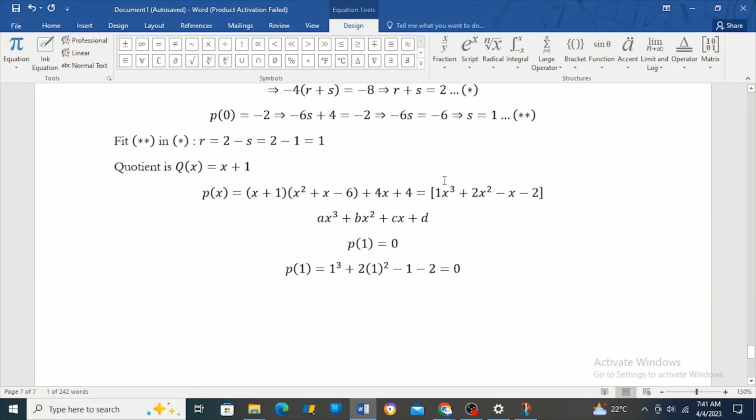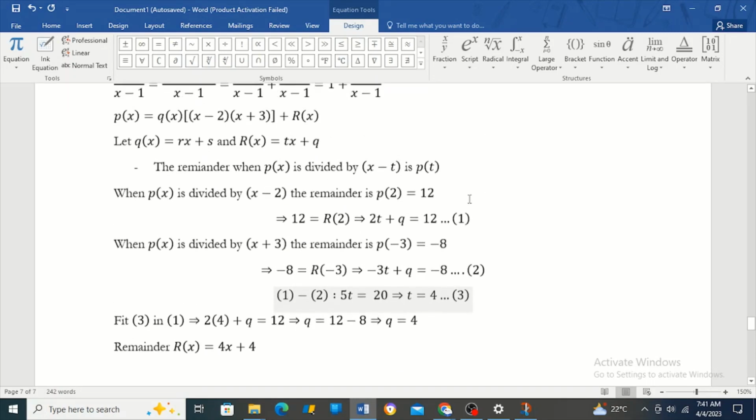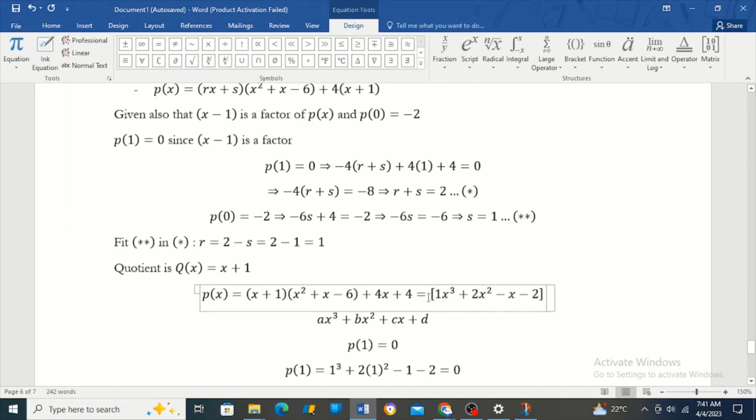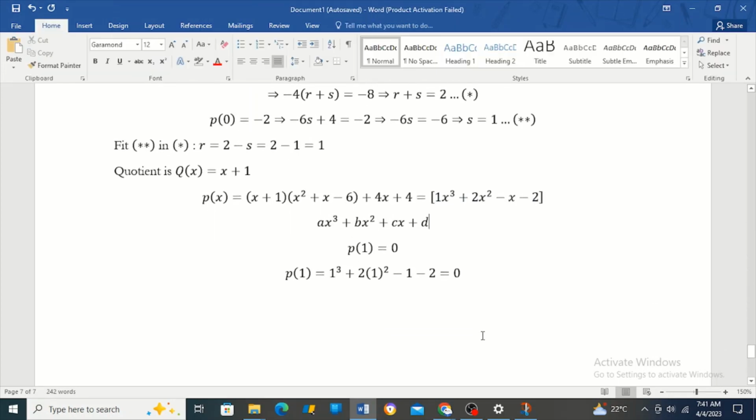P of 2 is what? 8 plus 8, 16, minus 2, 14, minus 2, 12. Okay, and lastly, p of negative 3 should give you negative 8. Here you have negative 27 plus 18, that's negative 9, plus negative 3, that is negative 6, minus 2, negative 8. So we have completed the problem.